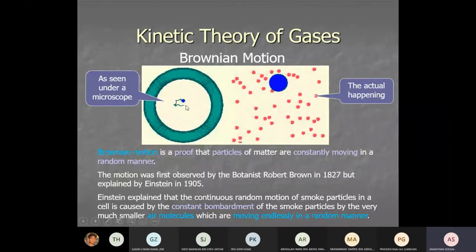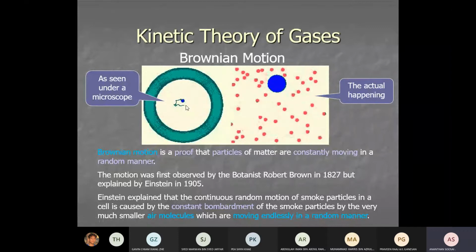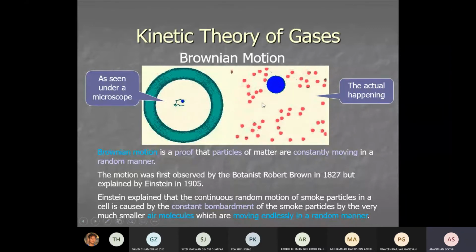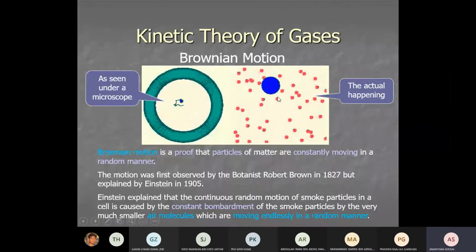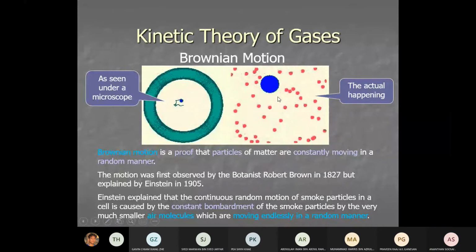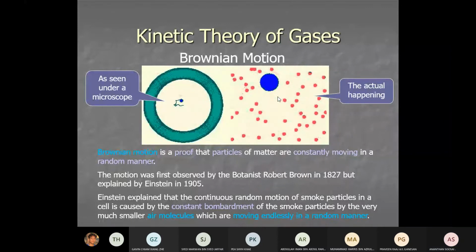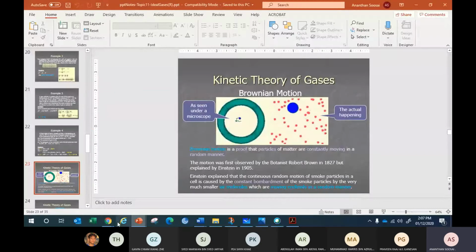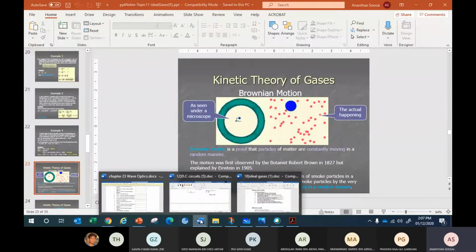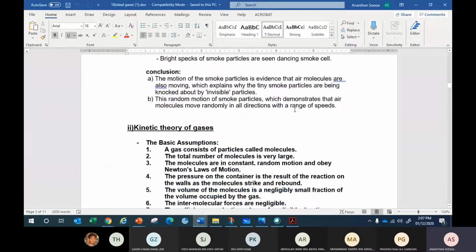Then what is the conclusion made? Under conclusion, you have to say that because the dust particle was continuously colliding with the air particles, therefore air particles move randomly. So don't get confused between the conclusion and the observation.